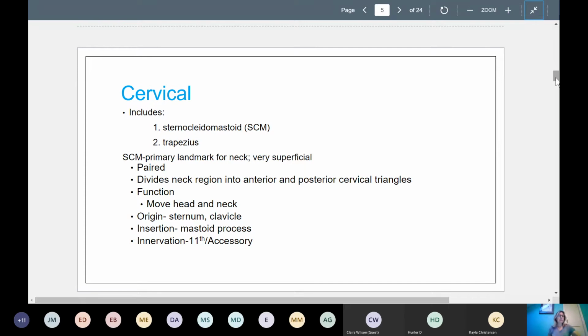Its innervation is the 11th or accessory nerve. When we get to chapter 8 and we study the nerves, we'll reinforce this whole concept. For studying and quiz purposes, when I have a quiz or test question, I might say the origin is the sternum and clavicle, the insertion is the mastoid process, and the muscle functions to move the head and neck.